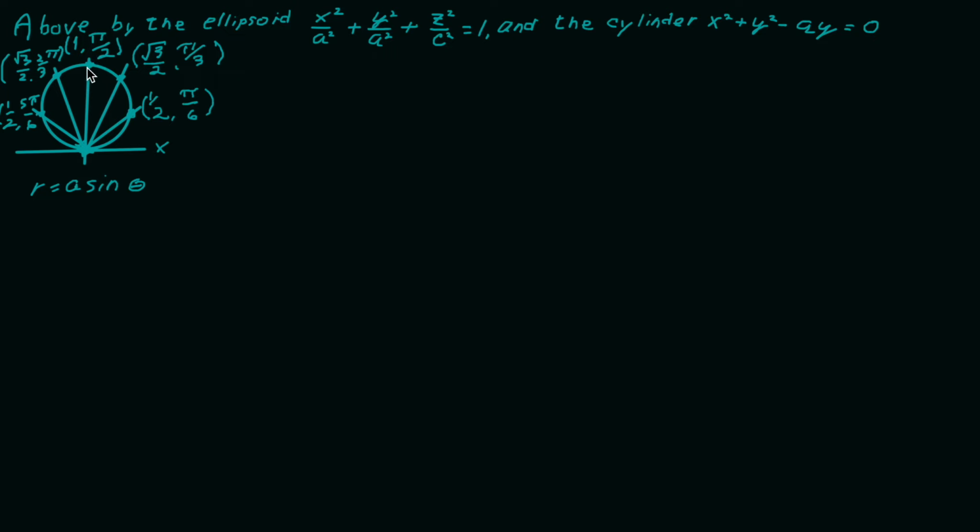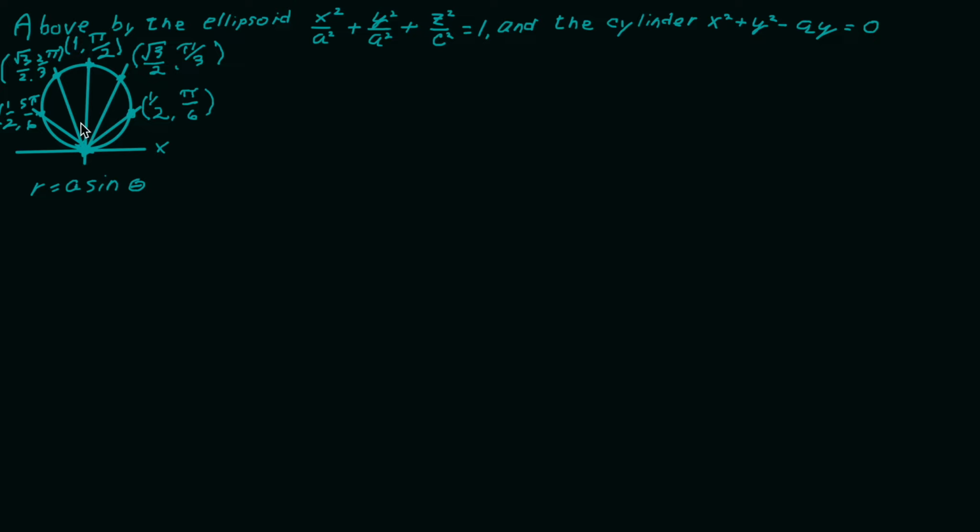Pi over 2, r equals 1, theta equals 2/3 pi, r will equal square root of 3 over 2, 5/6 pi, r will equal 1/2, and then when theta equals pi, r will again be equal to 0.